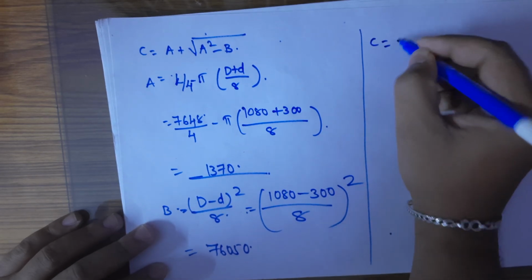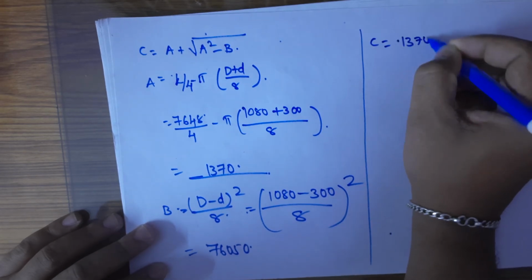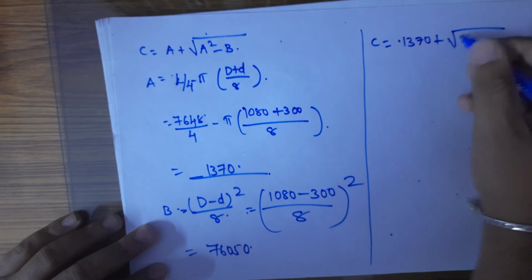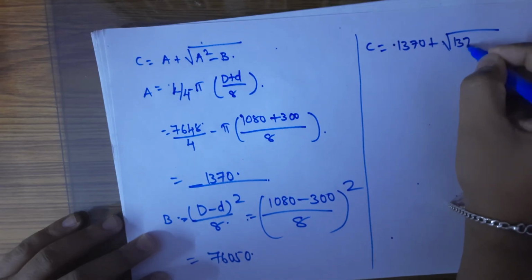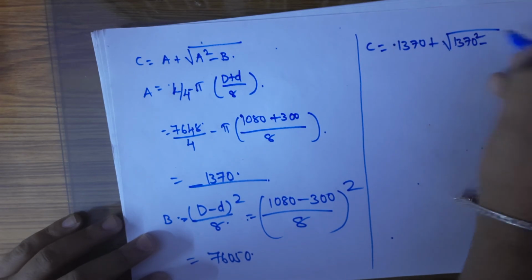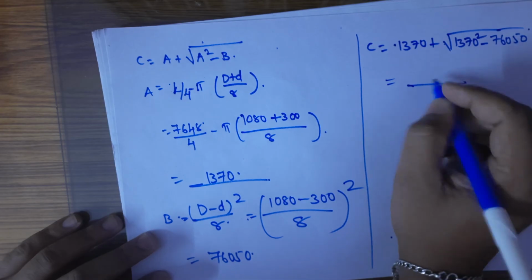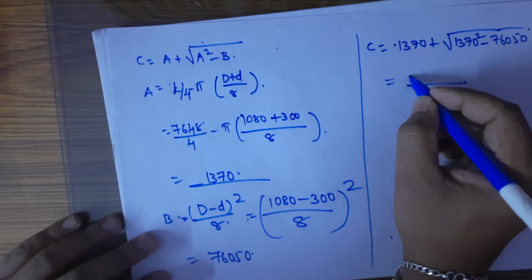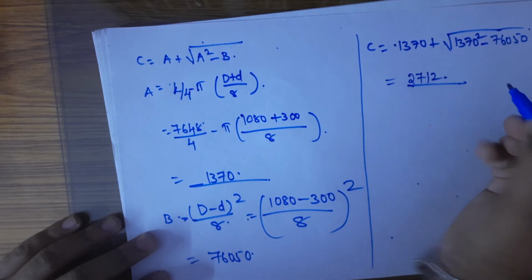C is equal to 1370 plus root over 1370 squared minus 76050. Okay, so the center distance that we have got is 2712.